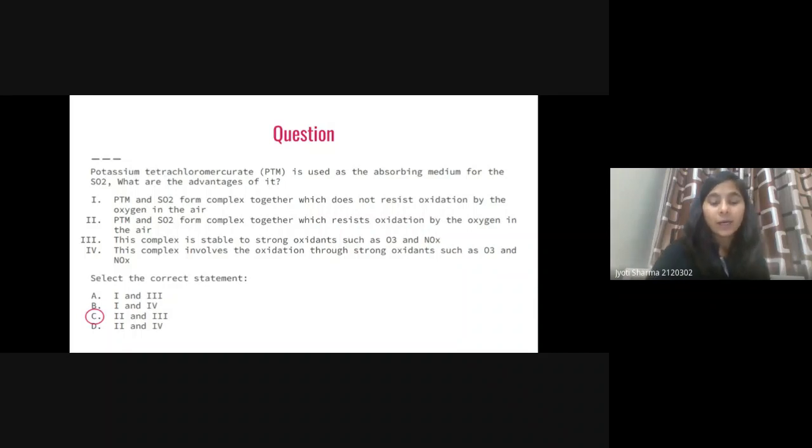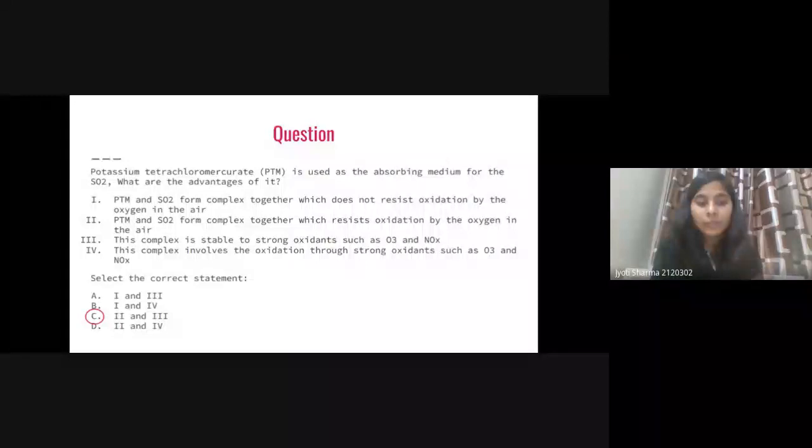Why is it C? Because you know that in the atmosphere, along with sulfur dioxide, we have nitrogen dioxide itself, and we have ozone. So we should have a medium that can absorb the sulfur dioxide and resist the interference of other gases.